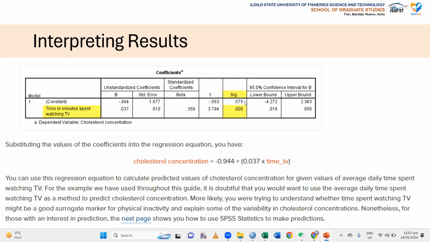But since in this reference they included it, we will still include it even though it is not significant. So if you want to use X and Y, X is time watching TV, cholesterol concentration is the Y. So you could say Y is equal to 0.037X minus 0.944.